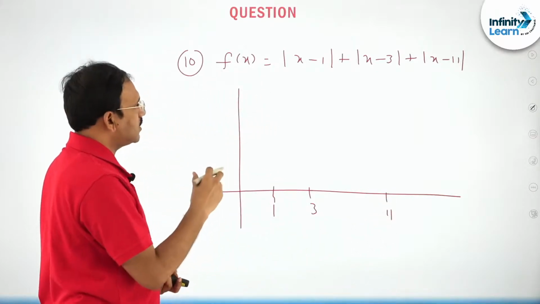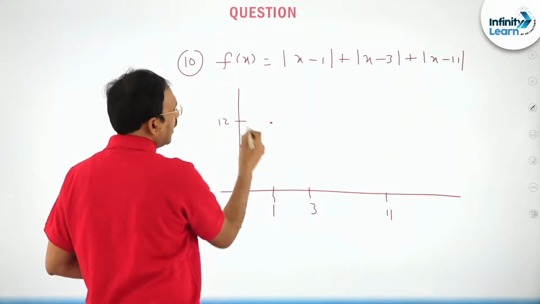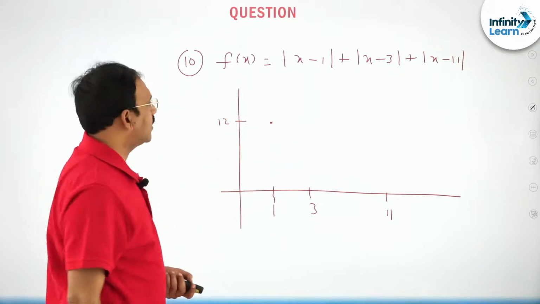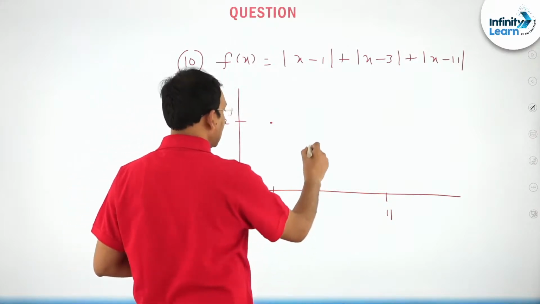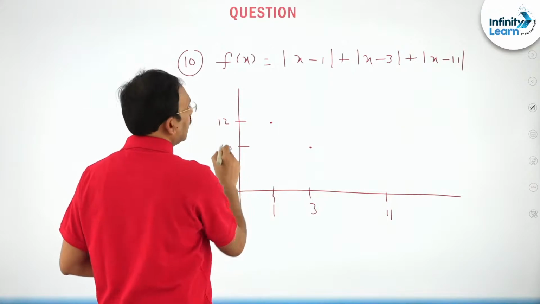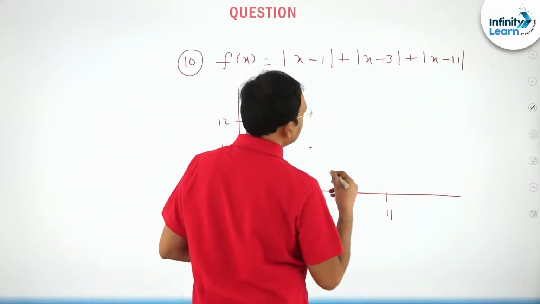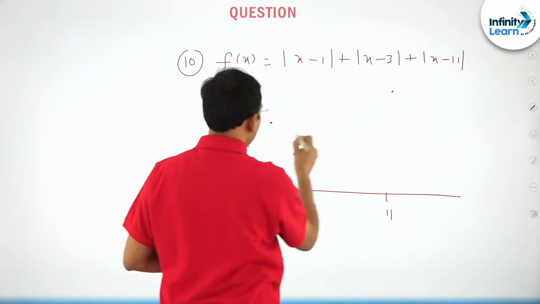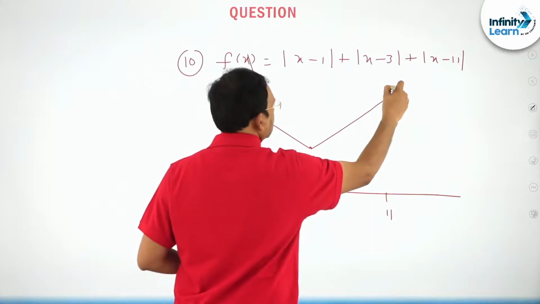At 1 you can see this is 10 plus 2, which is 12. At 3 you can observe that this is 2 plus 8, which is 10. At 11 you will get 10 plus 8, 18 somewhere here. If you join the graph, it will be like this, friends.